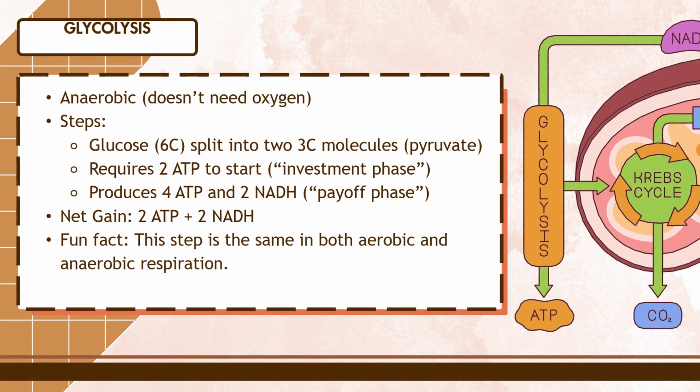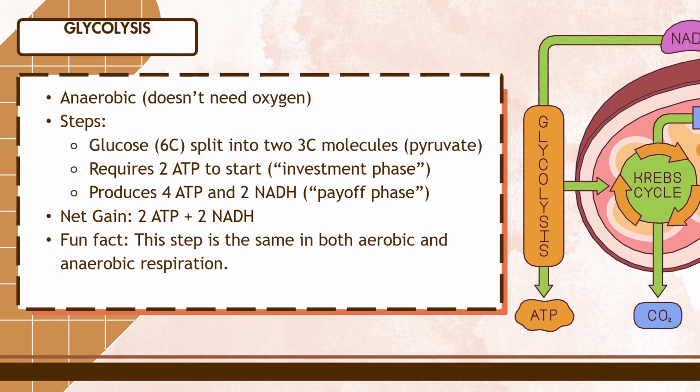All right, so glycolysis. Again, it occurs in the cytoplasm. Glycolysis doesn't even need any oxygen to happen. It just gets the glucose and splits it into pyruvate. It cuts it in half, essentially. Now, it does need some energy in order to cut it in half.